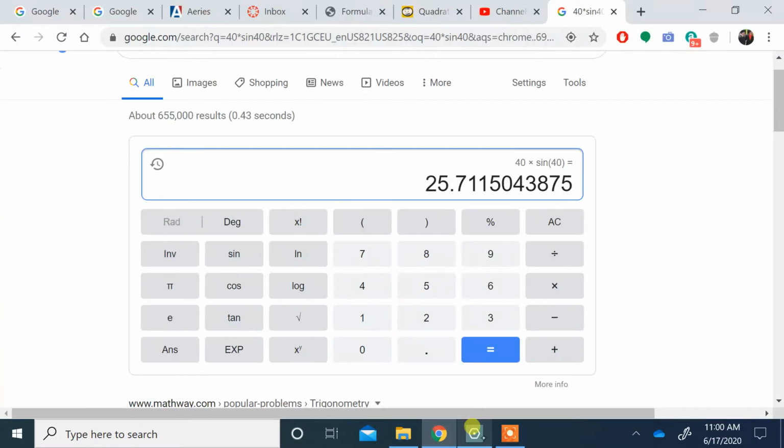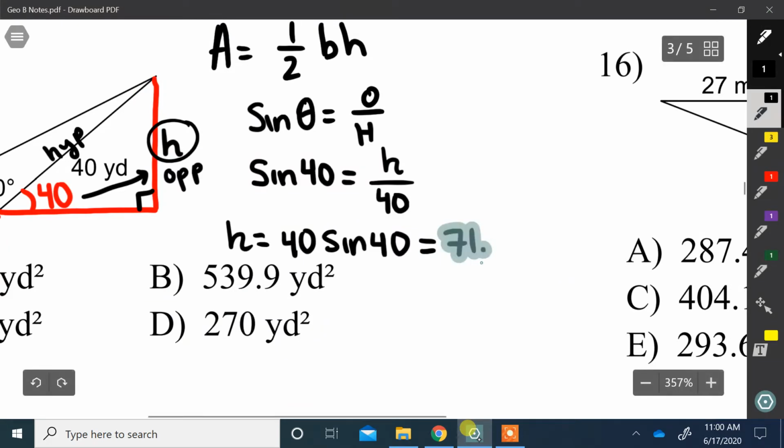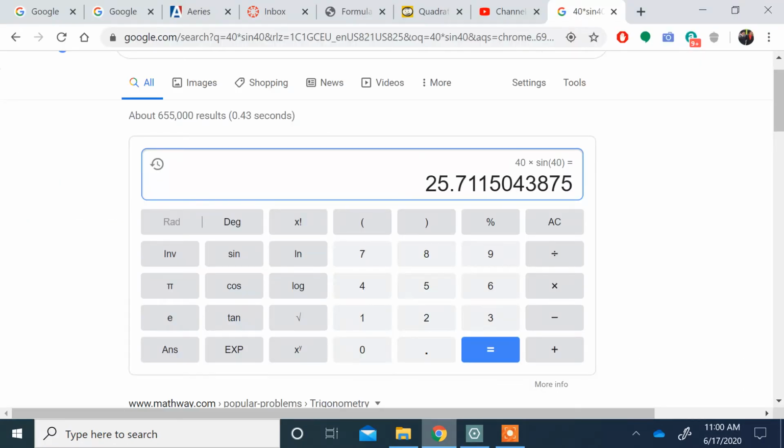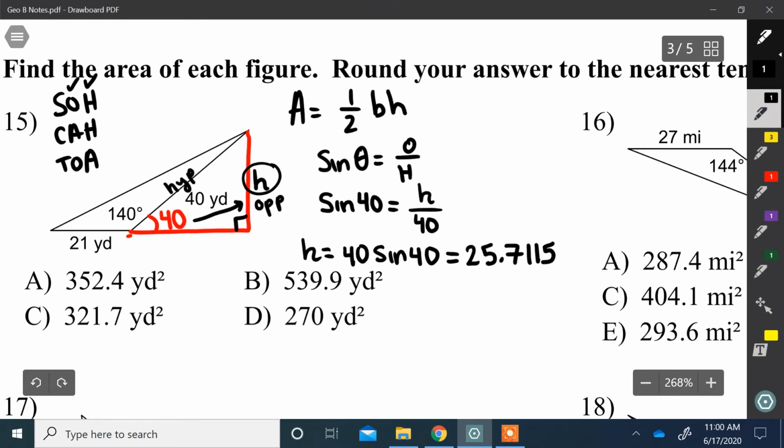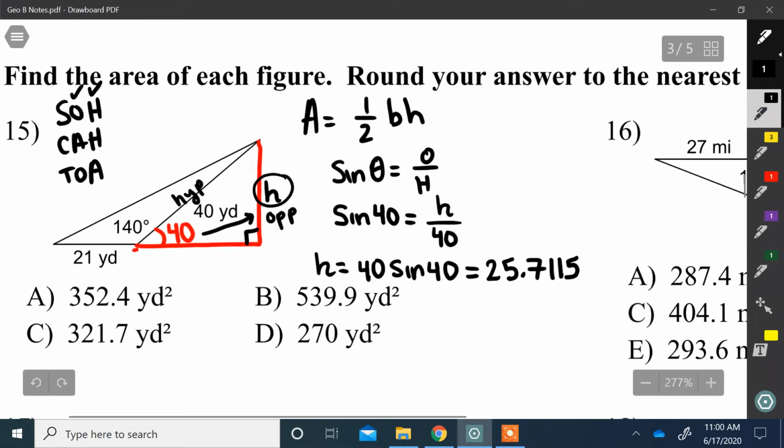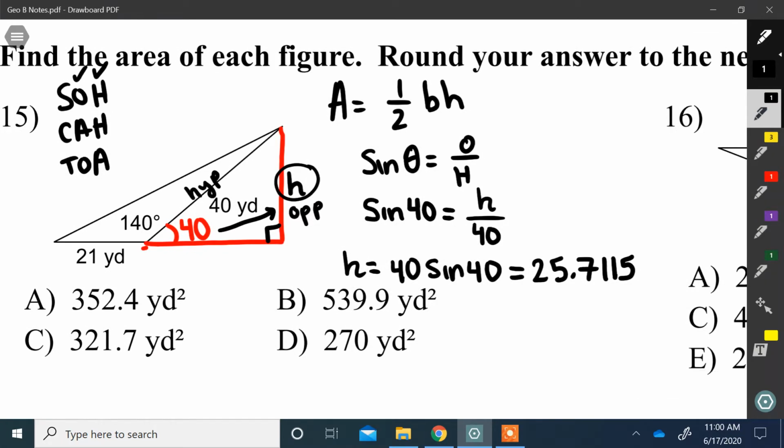Okay, so 25.711. Let's add one more, 15. Okay. Are you with me so far? I know this is completely different than what we have been doing so far, but it's just the way it is, guys.